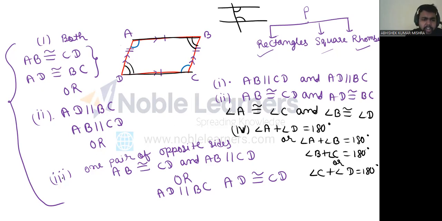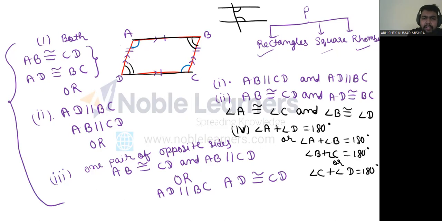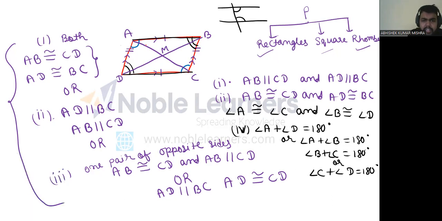Now another property for a parallelogram is that the diagonals of a parallelogram bisect each other. What is the meaning of bisecting? Bisecting means dividing into two equal parts. So here the diagonals of the parallelogram are AC and BD. They are diagonals and they are bisecting at point M. Suppose that, okay? If this is the case, this would be equal to this one and this would be equal to this one.